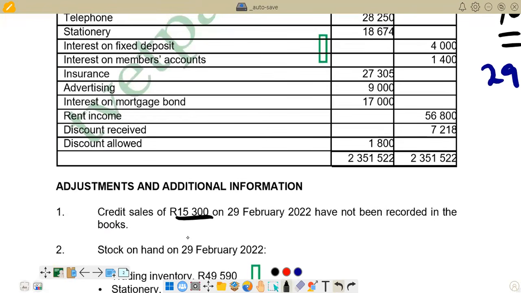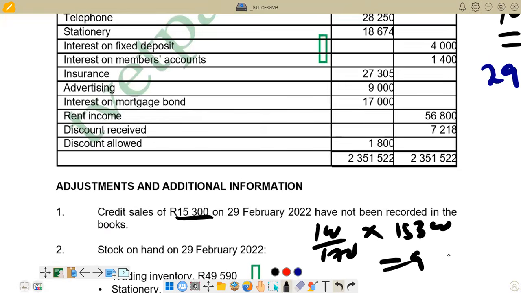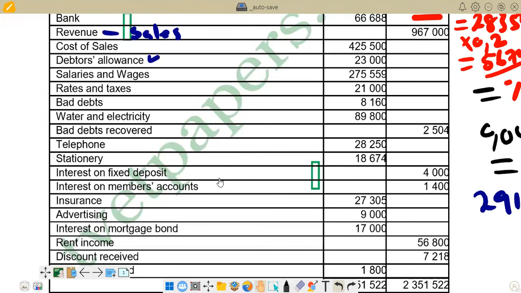So we need to remove that 9,000 because we reduced this one when we said 100 over 170, then we multiplied by 15,300. Then we got 9,000. So this 9,000 we need to subtract from the figure that we are given in the list of balances to get the book value of the trading inventory.